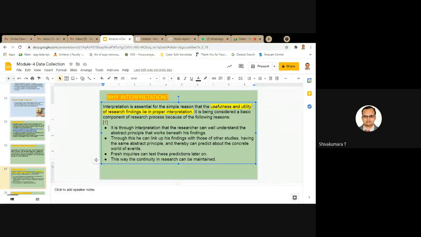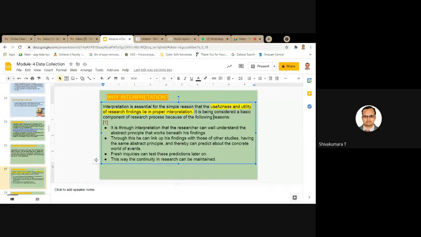It is being considered a basic component of the research process because of the following reasons. The following reasons explain why we need interpretation in the research process.